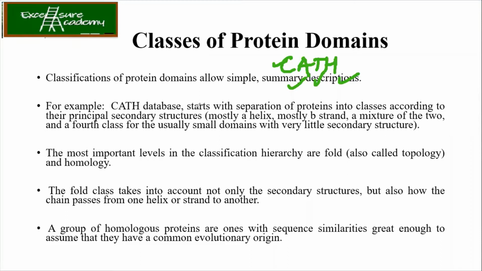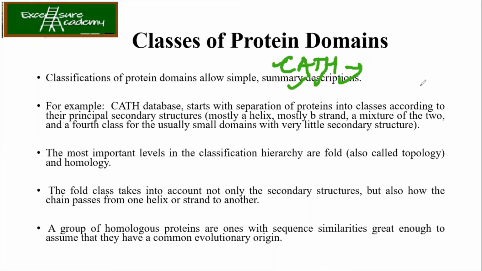Whenever you type CATH in Google, you will get a page. Over there, if you put in the name of any protein and press the search button, you will get all the different types of domains present in that particular protein, and the similar proteins containing that same domain. That summary you will get.